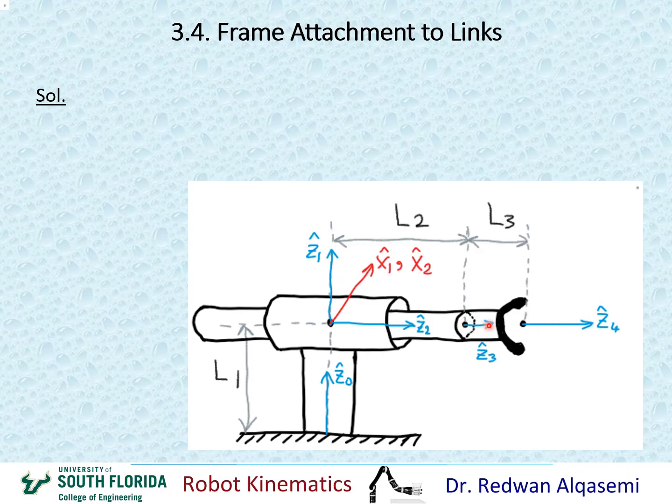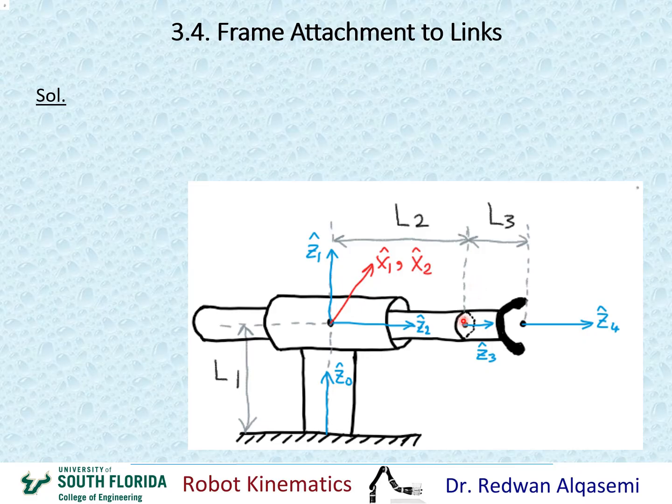So that would provide me with an origin for frame 3, and I can also choose the direction for x3 from that point. For this example, since we are given some dimensions here, I'm just going to choose my x3 to be starting at this point, which makes this point the origin of frame 3. Now I have to choose the direction for x3.